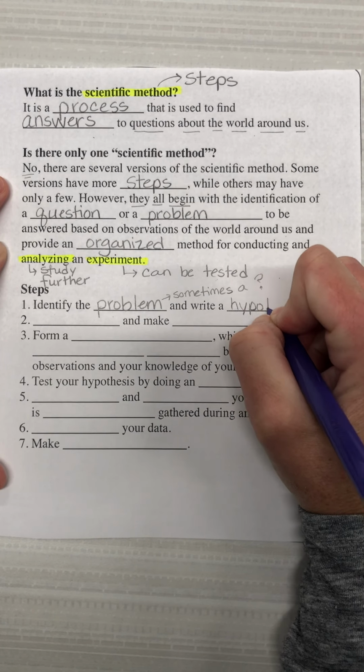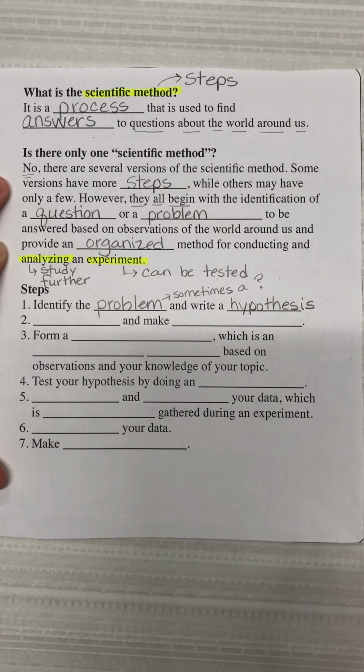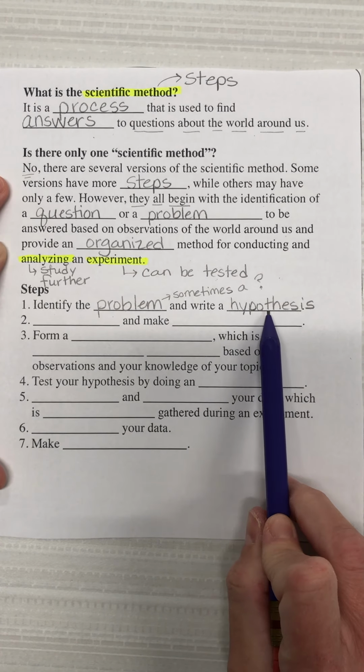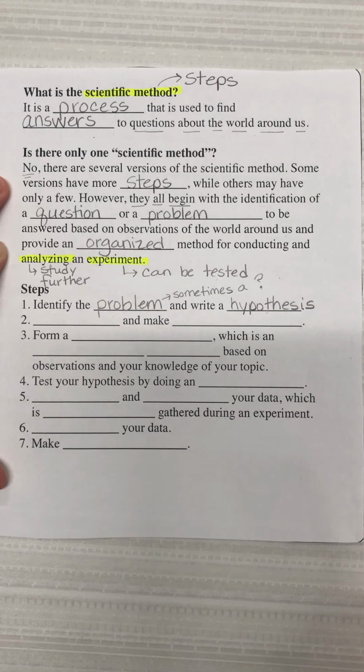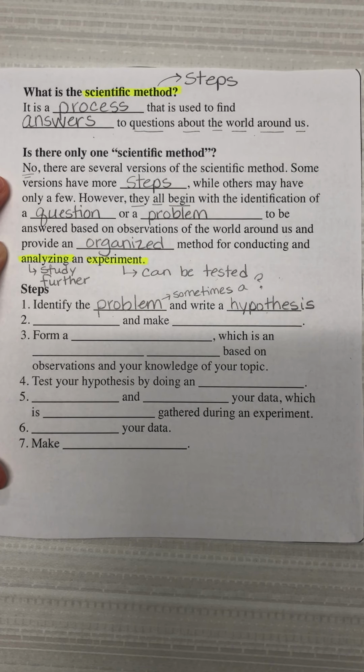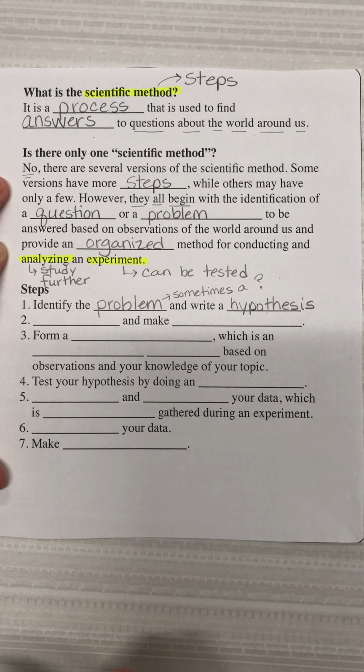You may remember that word from last year. Scientists come up with a hypothesis after they form their problem or their question, and that is an educated guess based on their observation. So a hypothesis is a guess that a scientist makes of what they think will happen.